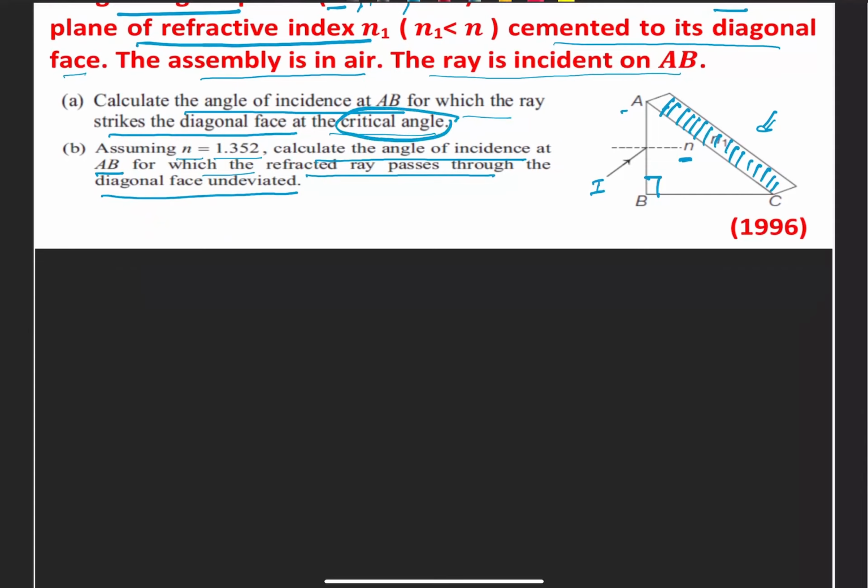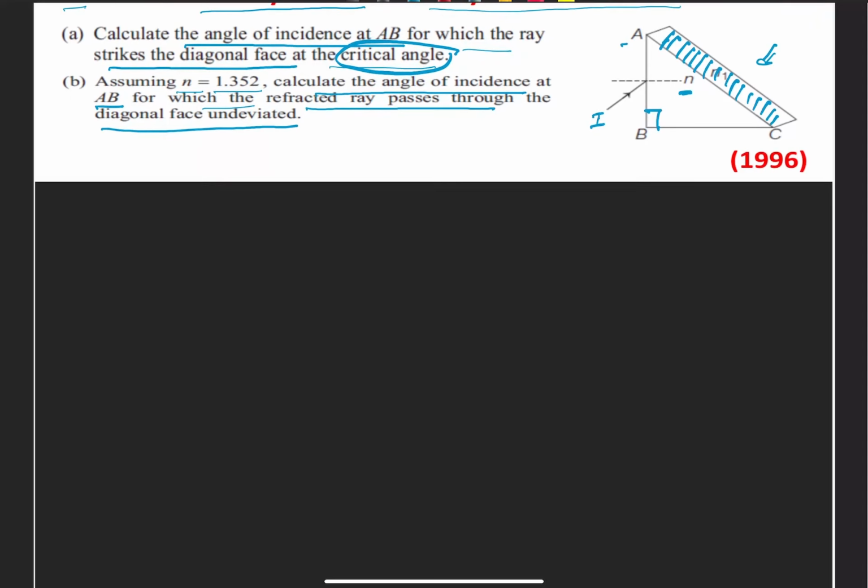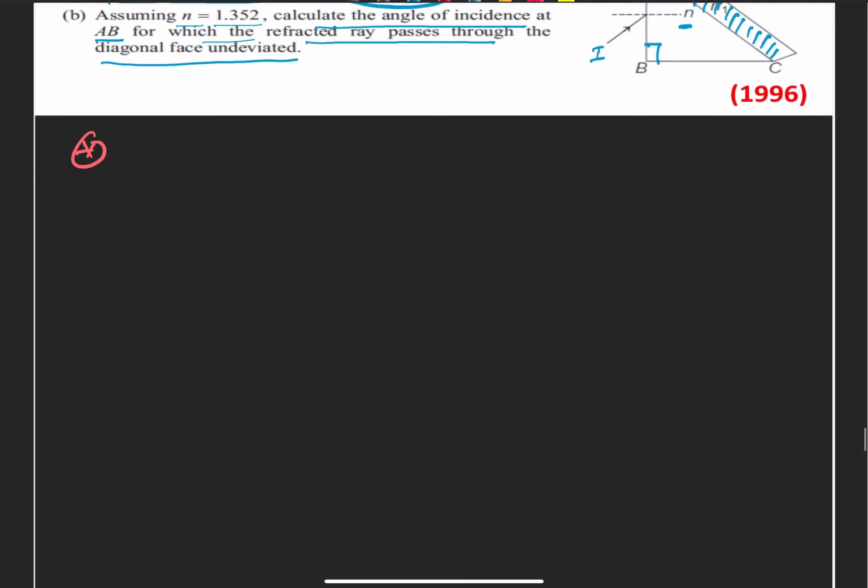Critical angle means that we have to use the concept somewhat related to total internal reflection. So we can just draw the figure for that. We have a right angle triangle, this is our A, B and C, and on the diagonal face we have a sheet whose refractive index is given as n1.